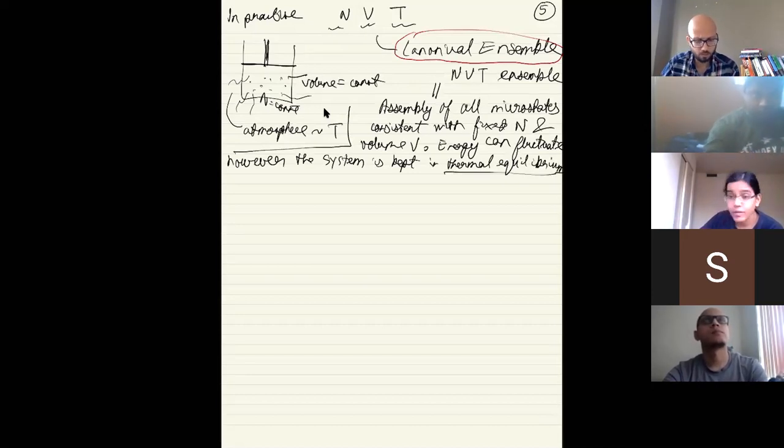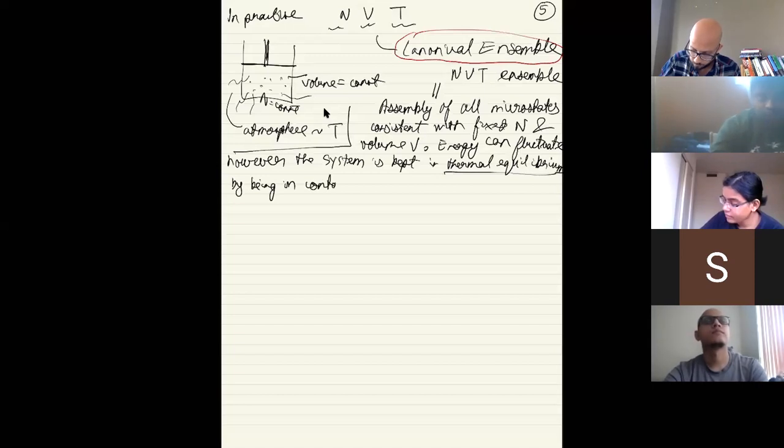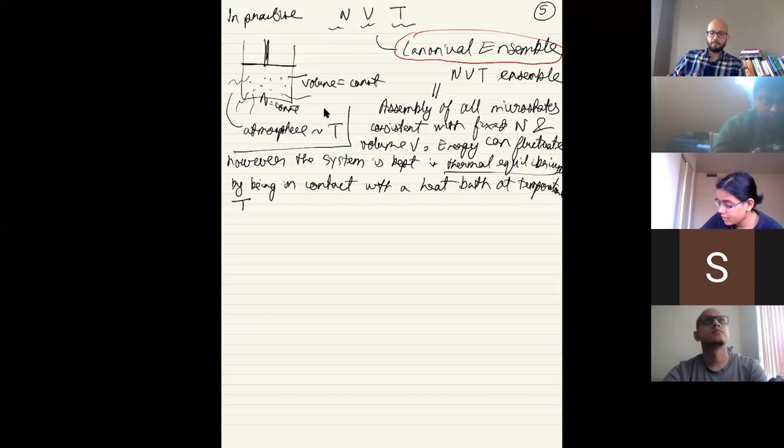So we are kept in thermal equilibrium by being in contact with a heat bath at temperature T. So this is our definition of a canonical ensemble.